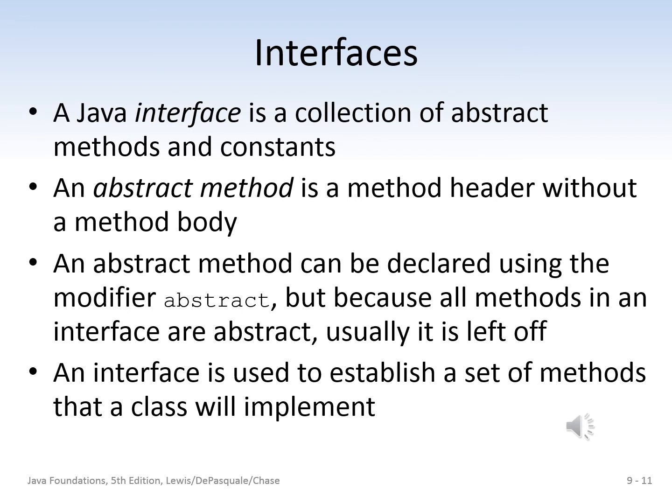You can declare an abstract method using the abstract modifier. However, if it's in an interface, all methods in an interface are abstract by default, so you can leave it off. An interface is used to establish a set of methods that a class will implement, and we're going to take a look at that very closely.